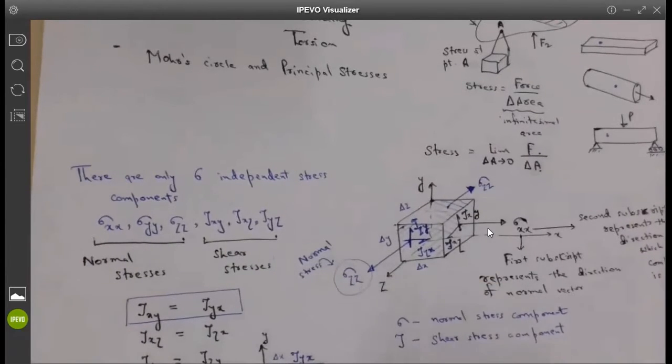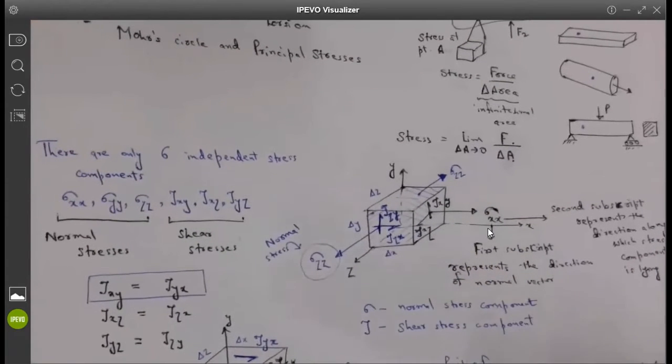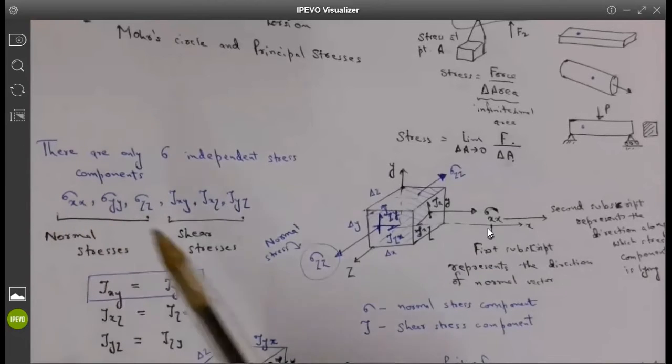Now, what is the use of learning this? The question will arise: why do we care about this? We care because in design scenarios, when finding the stresses in machine components, whether it is a transmission shaft, a bearing, a gear, machine screws, or nuts and bolts, whatever the component may be, you have to find whether the stresses are exceeding the failure limit of a material or not.